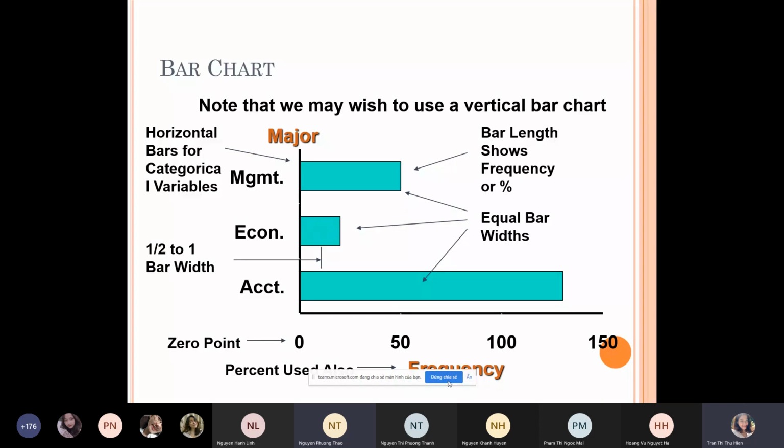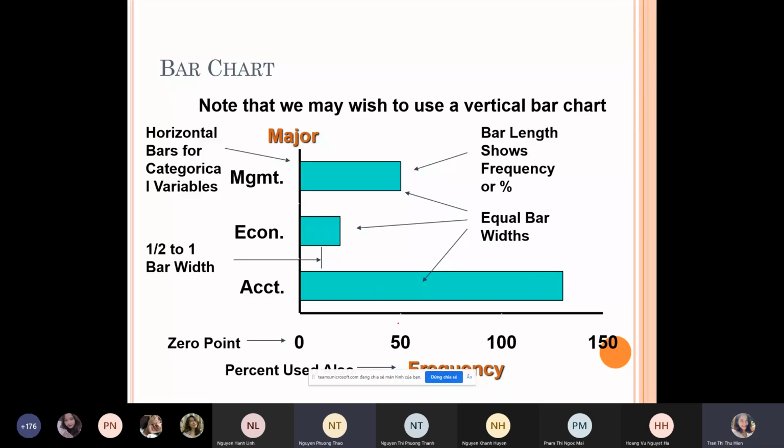So on the horizontal axis of the graph, we specify the labels, or it is the majors: management, economic, and accounting. See? And a frequency, relative frequency, or percent frequency scale can be used for the other axis of the chart.